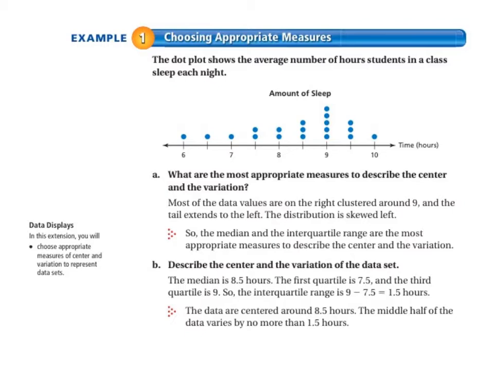If we look at the plot, we can see that most of the data values are on the right, clustered around 9, and the tail extends to the left. So the distribution is skewed left. This means that the median and the interquartile range are the most appropriate measures to describe the center and the variation.